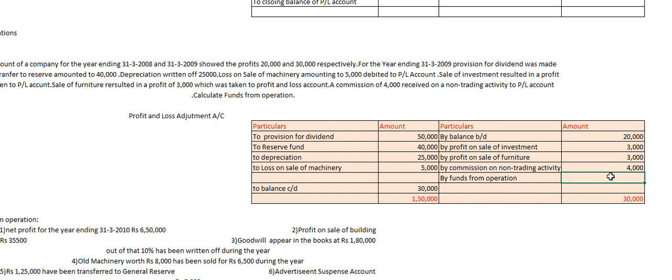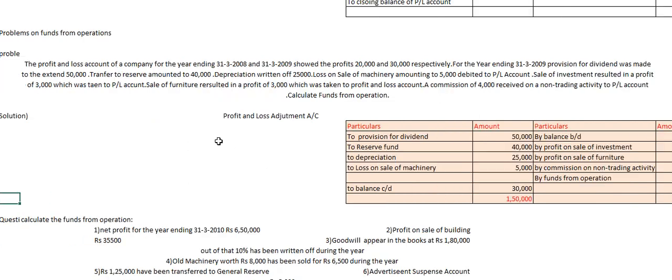So you get 1,20,000 as your answer. So your total is 1,50,000. So by this we finish our profit and loss adjustment account.